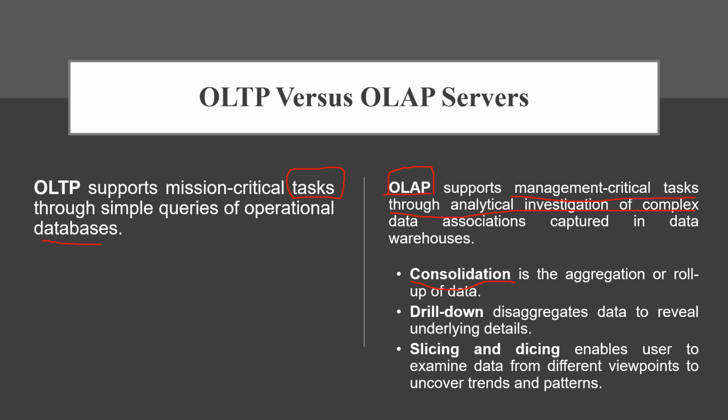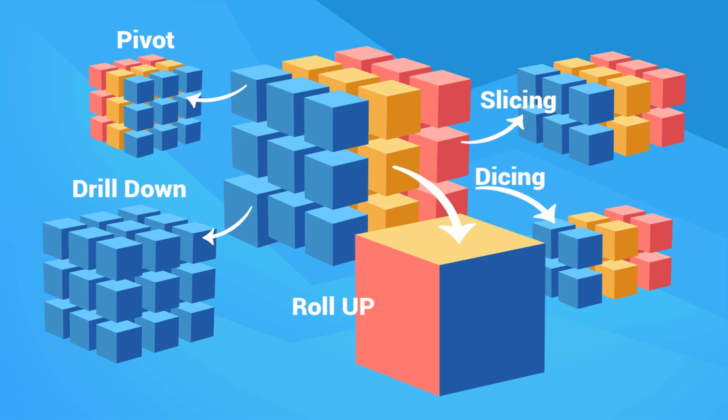Then we have slicing and dicing, which enables users to examine data from different viewpoints to uncover trends and patterns. This illustrates the tools of OLAP, the online analytical processing.